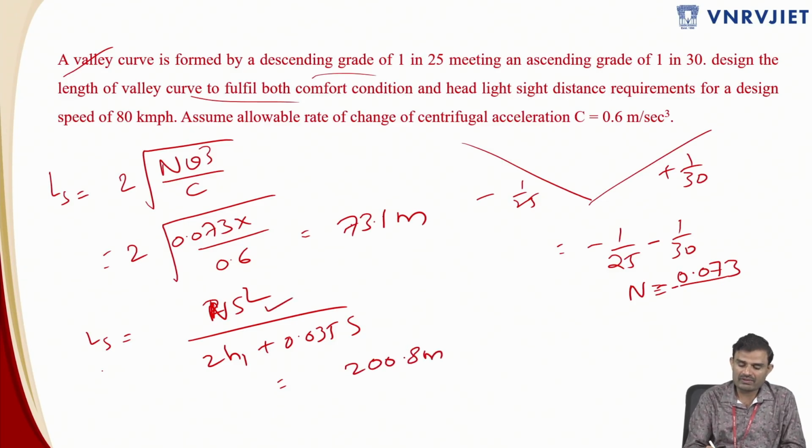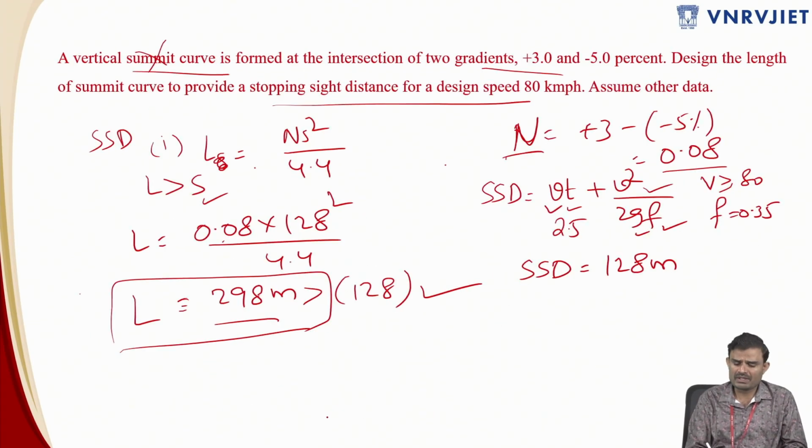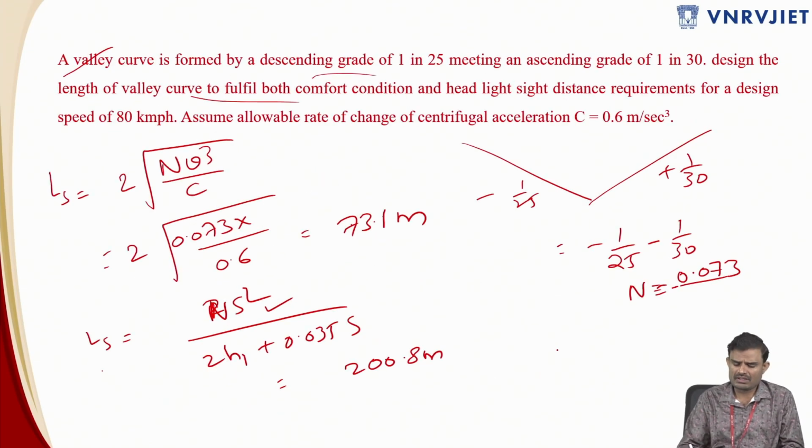But before that, again you have to calculate the value of S, because the stopping sight distance is not given here. Just like the previous condition, I hope the same speed of 80 kmph is given here. So the value of S is, there won't be any different value for headlight sight distance, that is also equivalent to the same stopping sight distance, but one is taken to be daytime and the other night time. So you get the value of S equal to 128 meters.